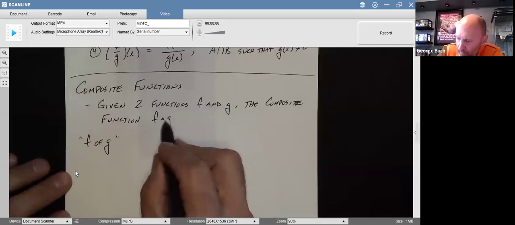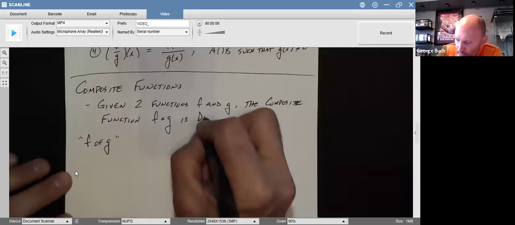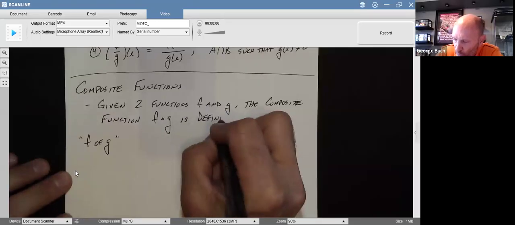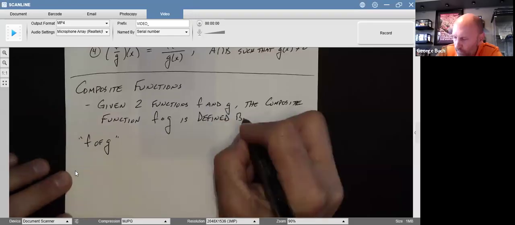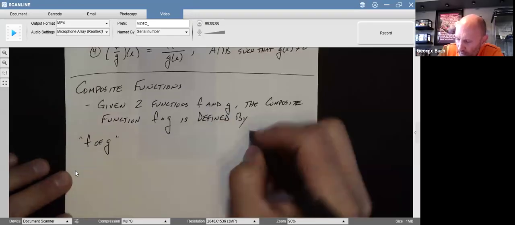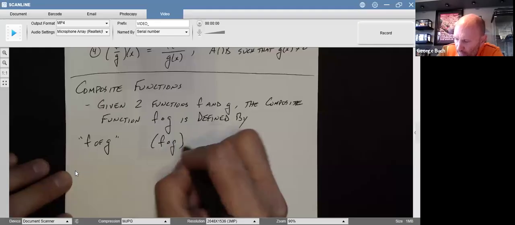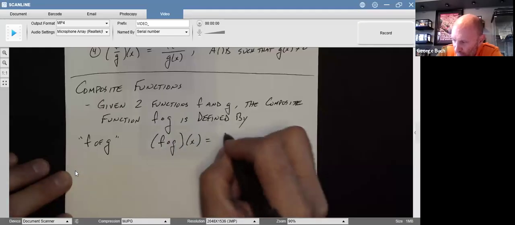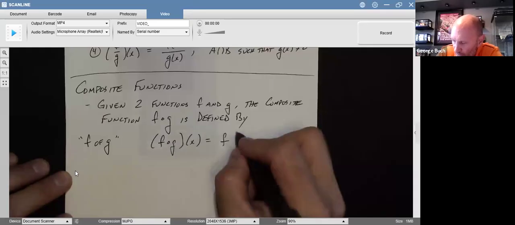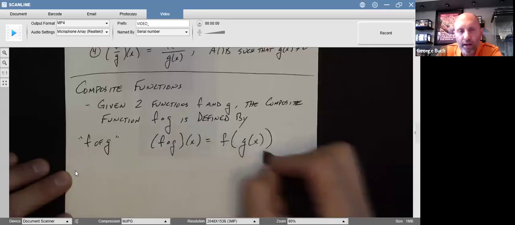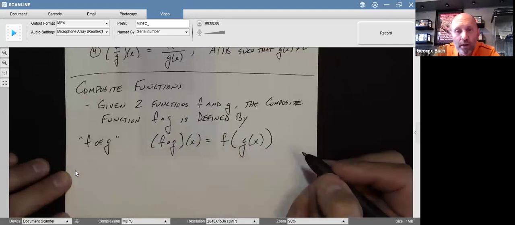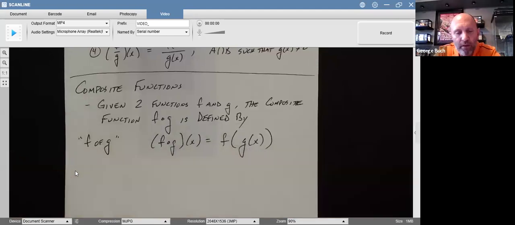G is defined by, and so what f of g means is that f of g of x is equal to f, just as the name implies, or you sound it out, f of g of x. So instead of figuring out f of 2 and plugging 2 in everywhere, whatever the function g is, I plug that into the function f and then simplify.